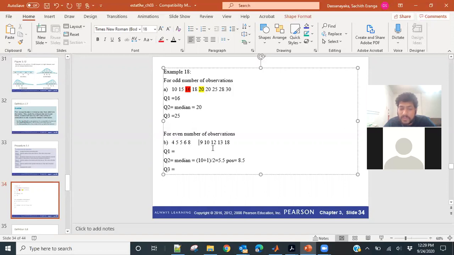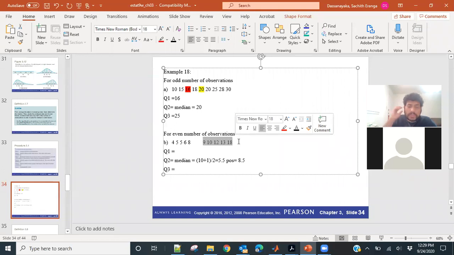In general, it divides your data set into two halves, bottom half and top half. Now you can use your bottom half to find Q1 and the top half to find Q3.